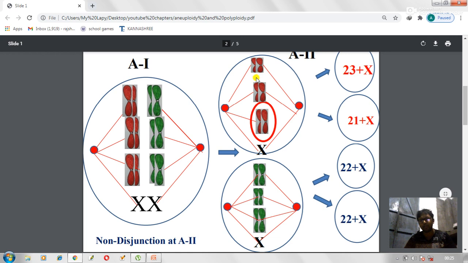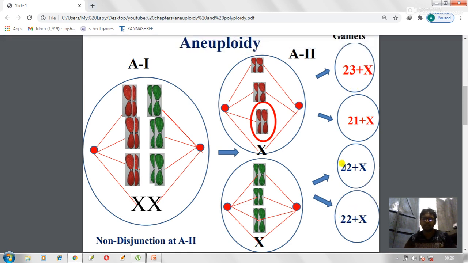But in this case, what happened? Due to the unequal division, these two chromatids are not going properly to both poles. They are totally going to this pole. As a result, instead of 22, 23 plus X, and 21 plus X chromosomes. As a result, here n minus 1, and in this case an n plus 1 gamete is produced. As a result of this, only half of the gametes are defective, and the others are normal.